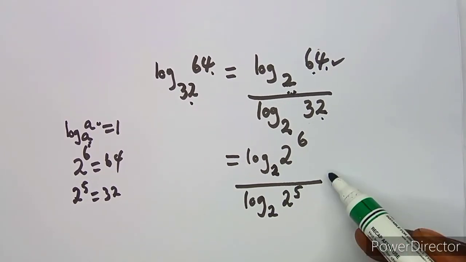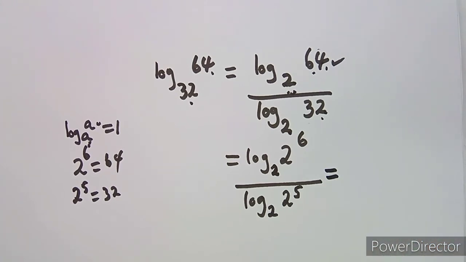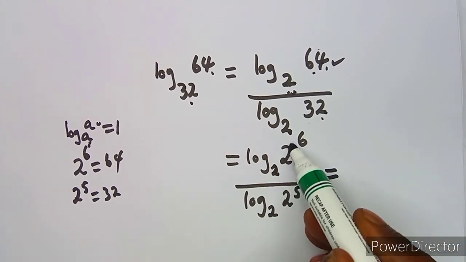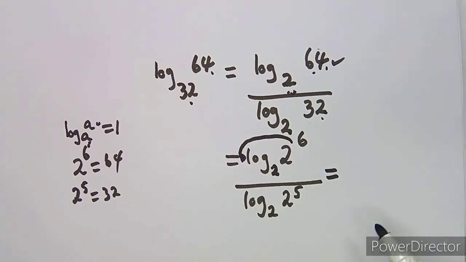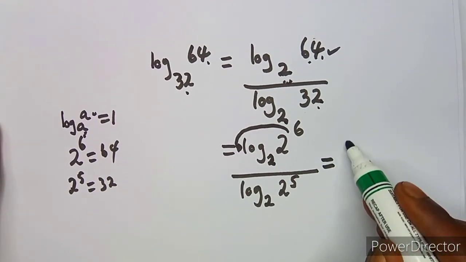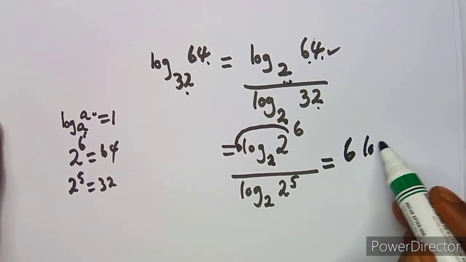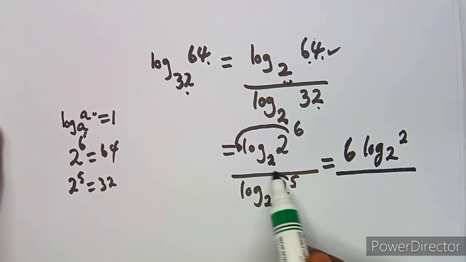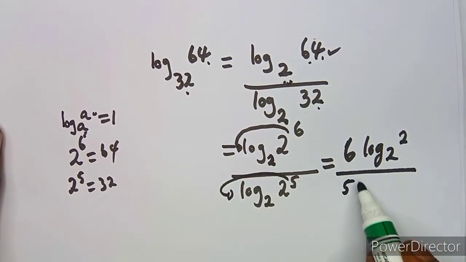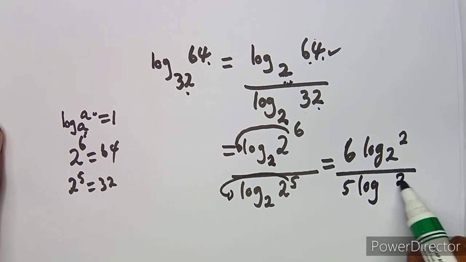Now at this stage, I have the power to drop the exponent. Remember, we said whenever there's an exponent, you multiply the exponent back to the log. So you're going to multiply 6 log 2 base 2, over 5 log 2 base 2.